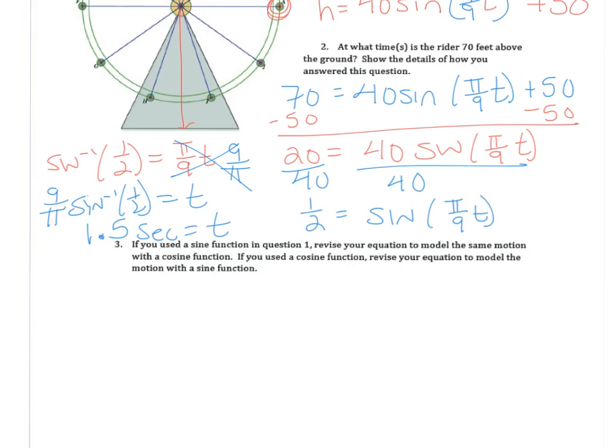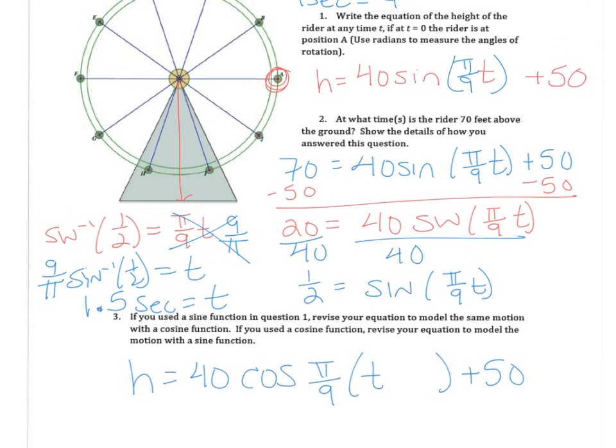Okay, if you use the sine function, which we did, let's do the same thing and rewrite it as a cosine function. So the only thing that's going to change is a horizontal shift on our graph to when we are at a maximum.